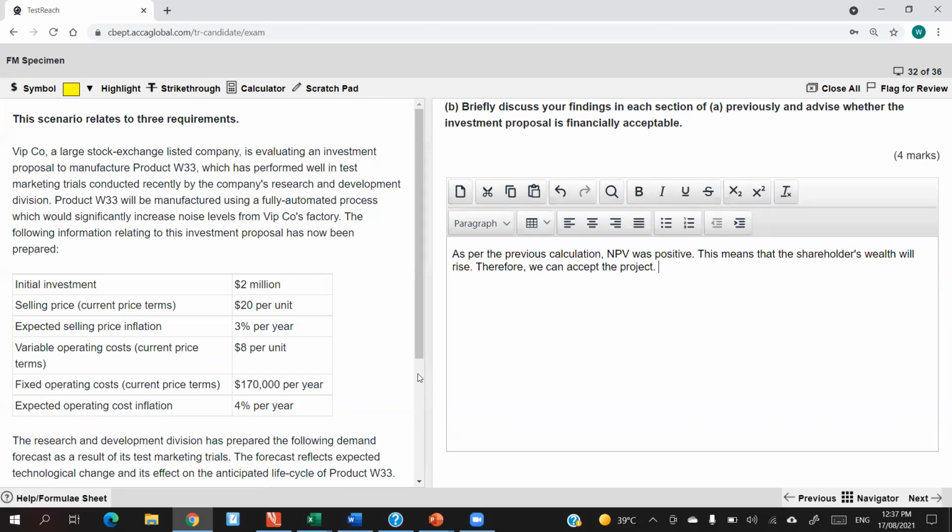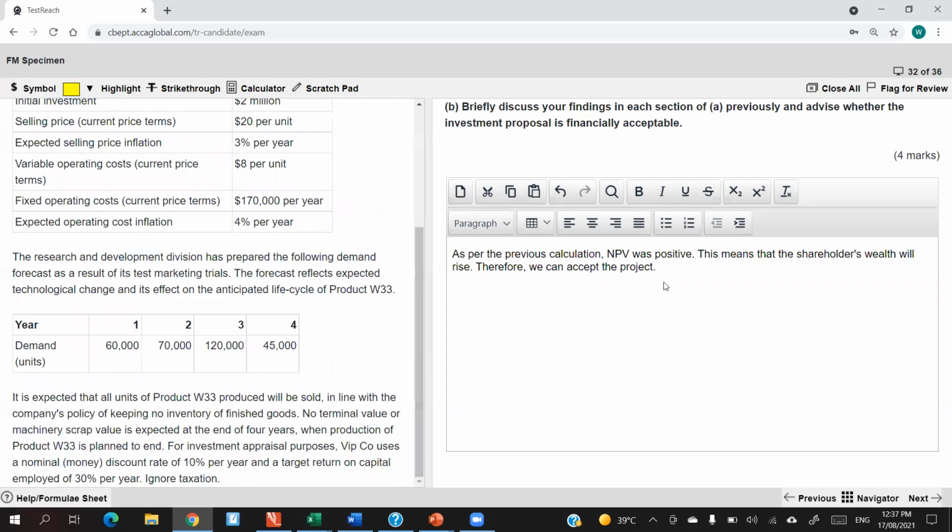The second one is on IRR. Now, my IRR was 18%, and when I compare that IRR to the discount rate of 10%, it was higher than the discount rate. So what I would say then is leave a line. Say IRR computed was more than the discount rate for VIP Co. This means that the project can be accepted as it is generating a positive NPV right now.